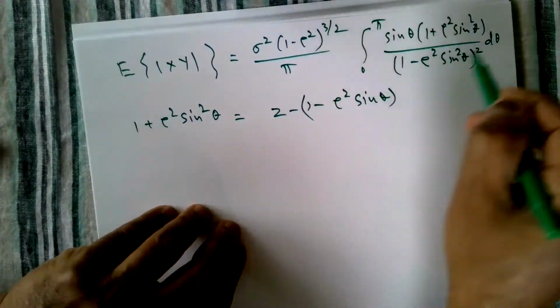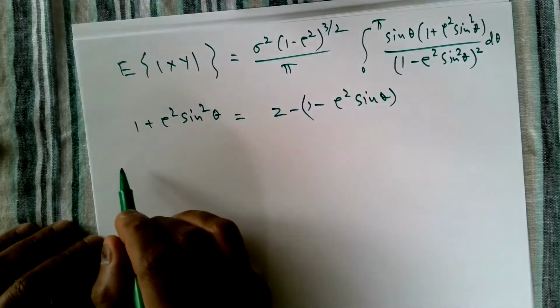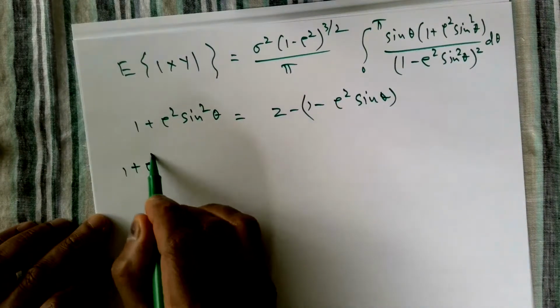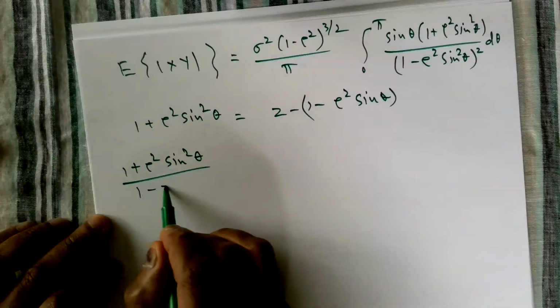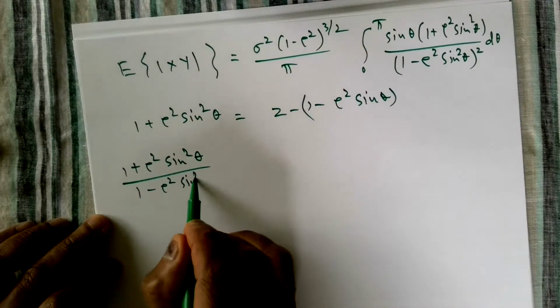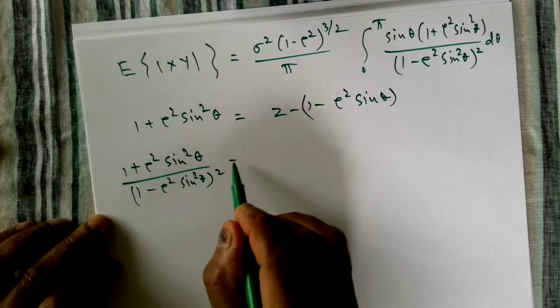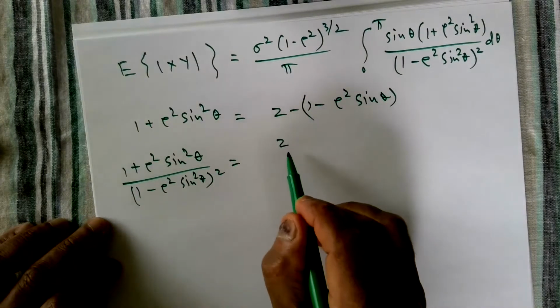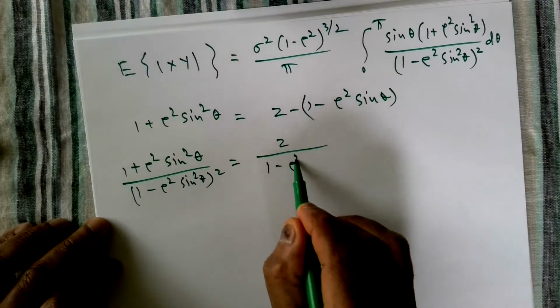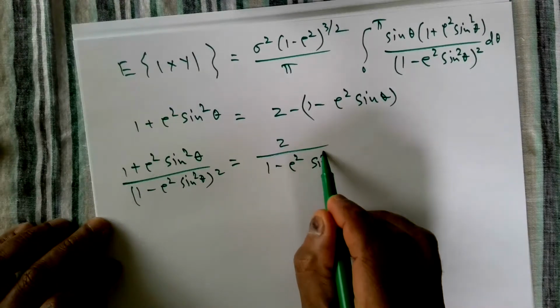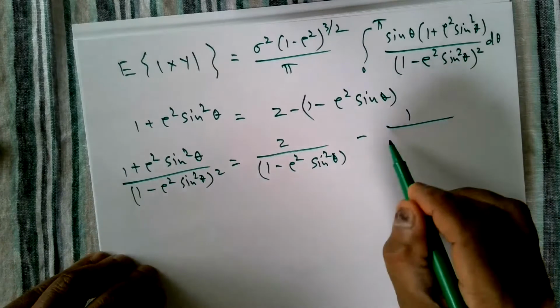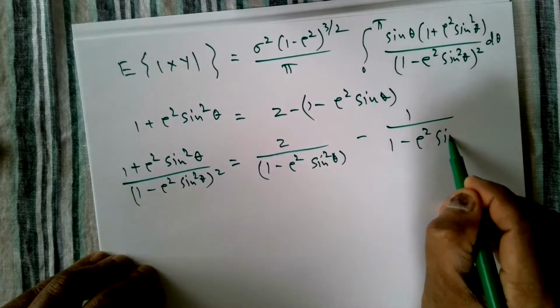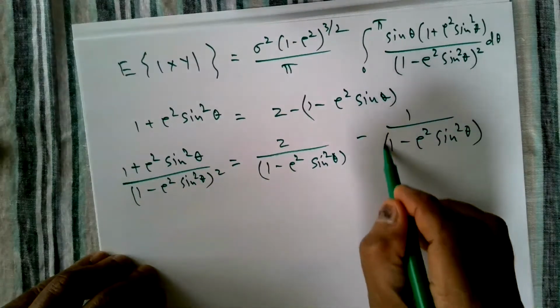The idea is that you can cancel, and (1 plus rho squared sine squared theta) over (1 minus rho squared sine squared theta) squared becomes now 2 divided by (1 minus rho squared sine squared theta) squared minus 1 over (1 minus rho squared sine squared theta).